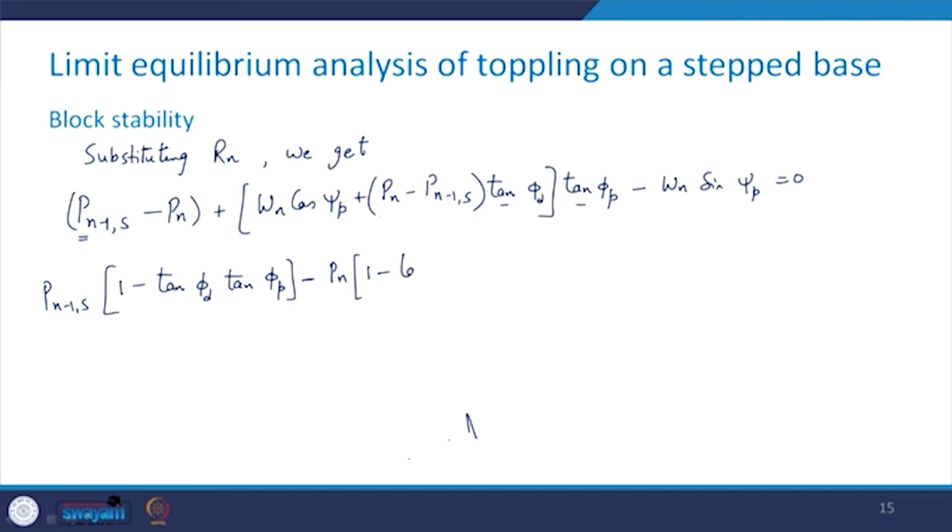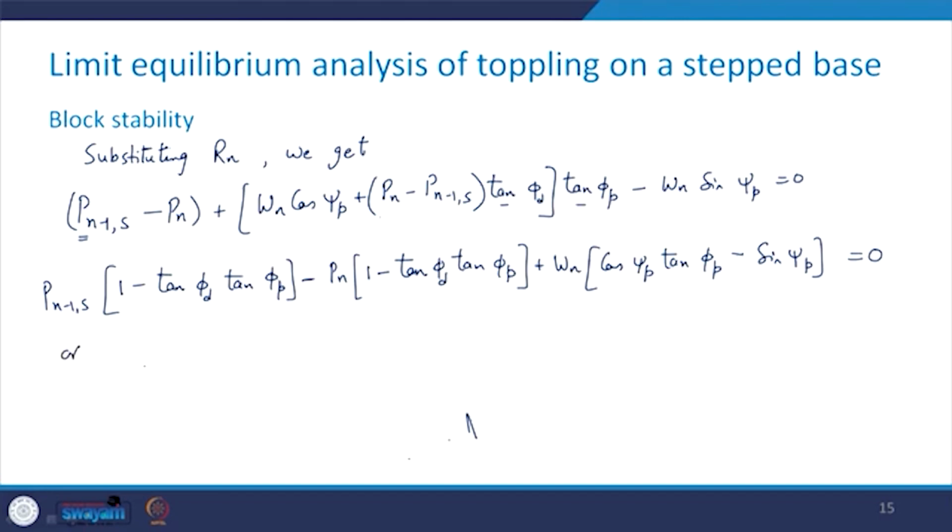This is going to be tan of phi d tan phi p, and plus I will have Wn as cos of psi p tan phi p minus sine of psi p, that is going to be equal to 0.